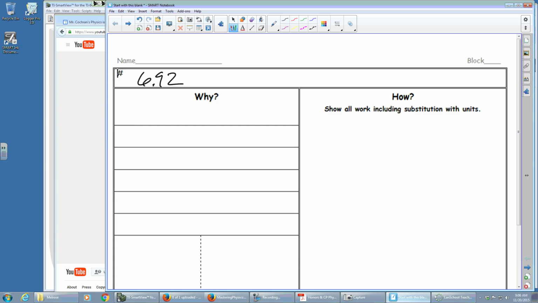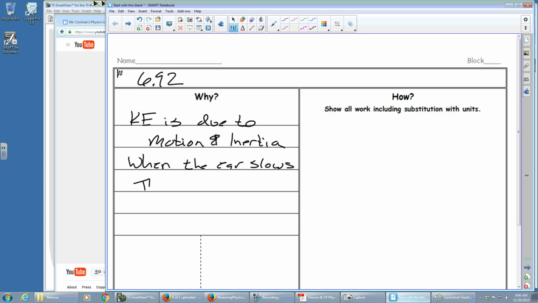In my why, I want to make sure I show that I understand the kinetic energy is due to motion and inertia. And then I would also want in there for this first part, when the car slows, the kinetic energy decreases.